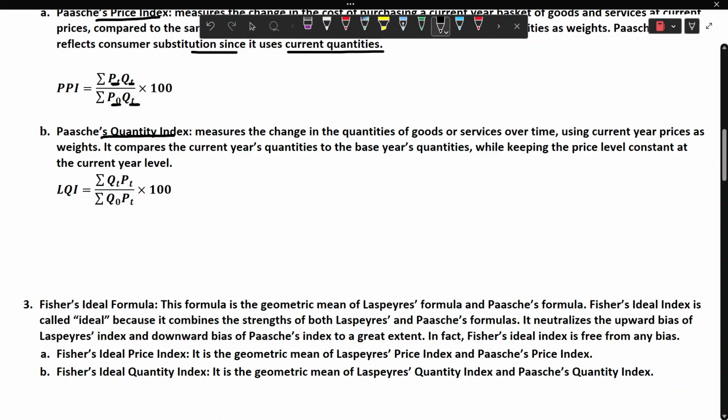It is also given by the summation of current year quantity and current year prices divided by the summation of base year quantity and current year prices, multiplied by 100.